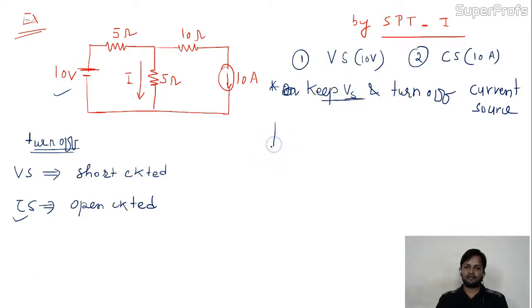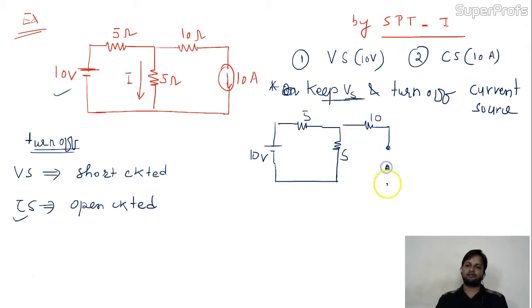Take the voltage source into consideration, 10 volt. Take 5. This branch is as it is. Given 5. Here 10. Now what about this current source? I told you the current source will always be replaced by an open circuit.